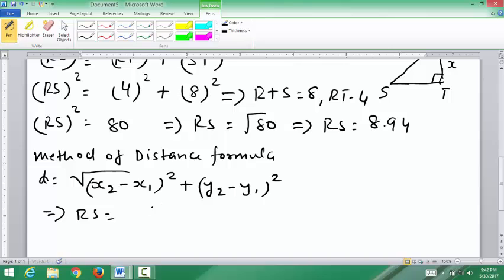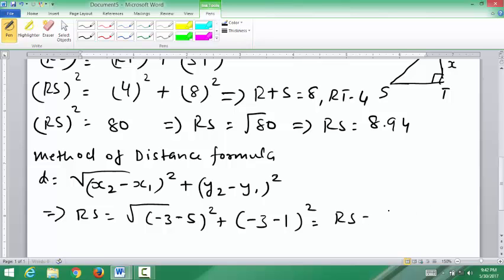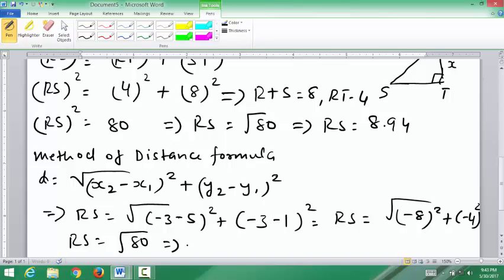RS is equal to the square root of (minus 3 minus 5) square plus (minus 3 minus 1) square. RS is equal to minus 8 square plus minus 4 square. So RS will come to approximately the square root of 80. RS is equal to 8.94.